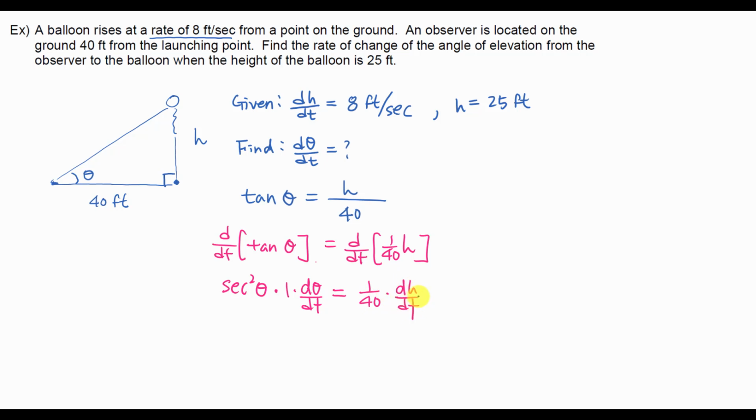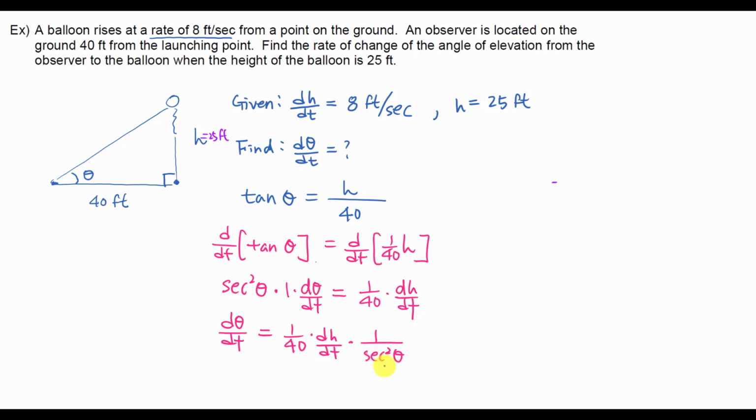And because I have to find d theta dt, you can divide both sides by secant square theta. So your d theta dt is equal to 1 over 40 times dh dt times 1 over secant square theta.